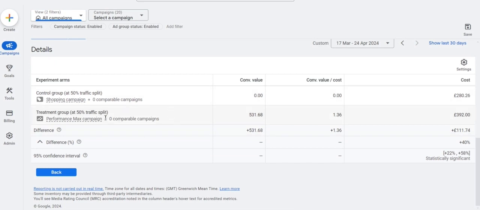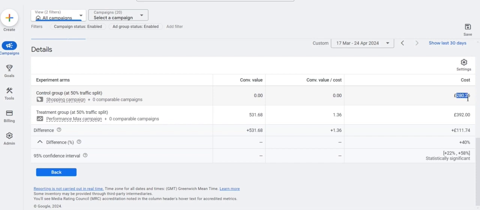It can also include a few in this group. So essentially that's the idea, but it's not a great thing, right? That's why I've not included those results here. It's not a 50% traffic split, but still at least we get the pure data, which is unadulterated by any other campaigns. So that's what I've done here.